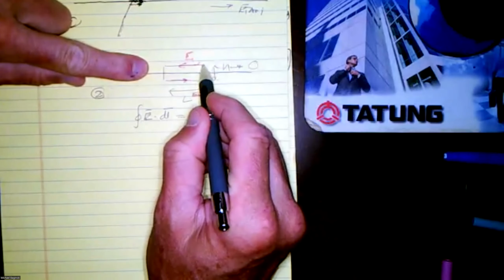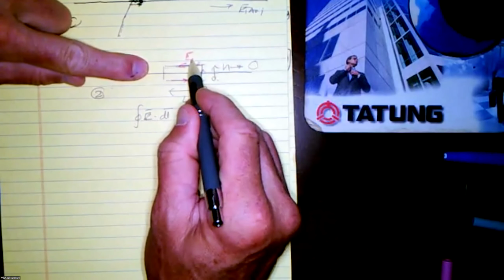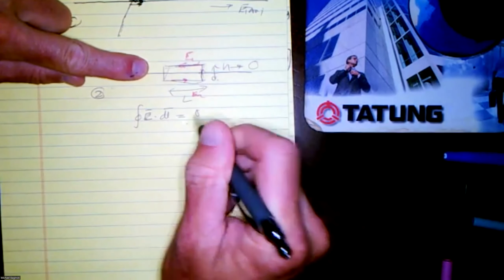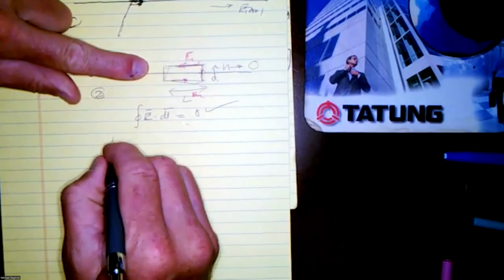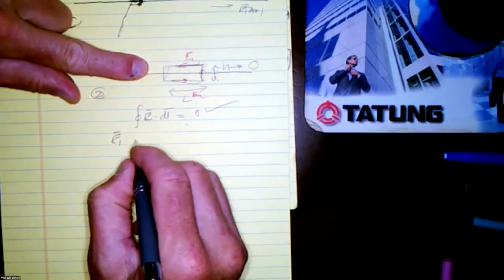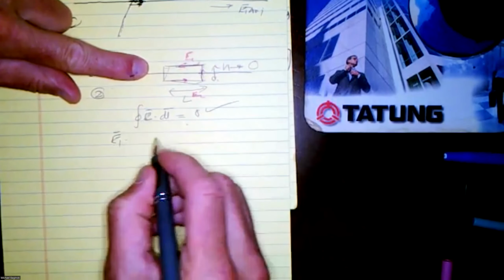And so if that's the case, now we're going to make H go to 0. So if you're integrating along dL, you're only taking the component of the E field that's parallel. And the only way this integral can be true is if E1, which is going to be a value, you can take that dot, and you can just take it length L1. And then when you go this way, it's going to be minus that.